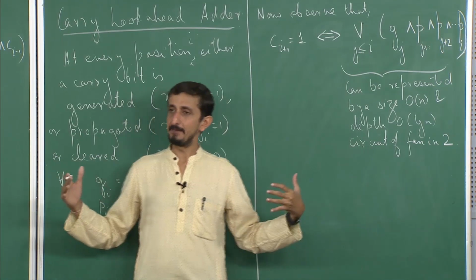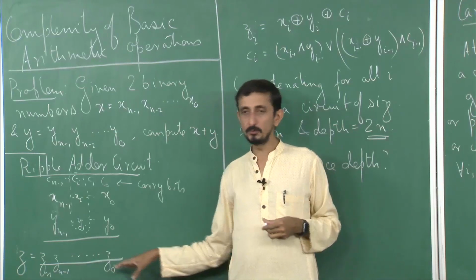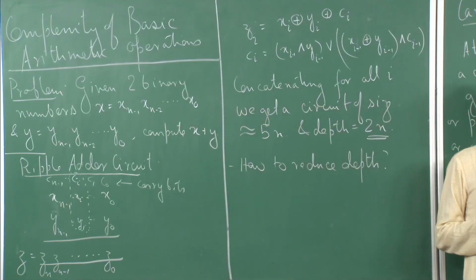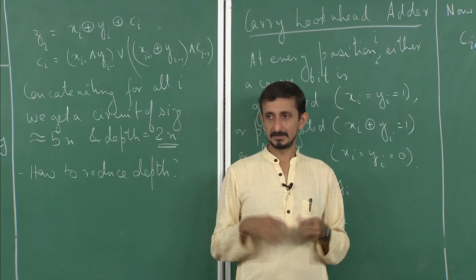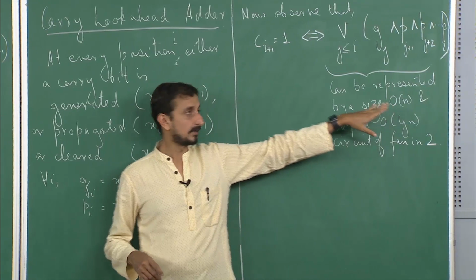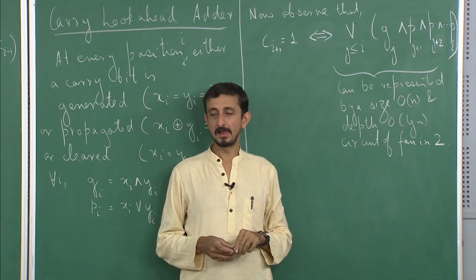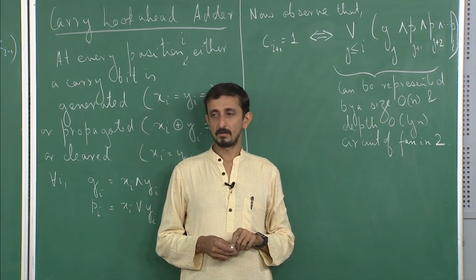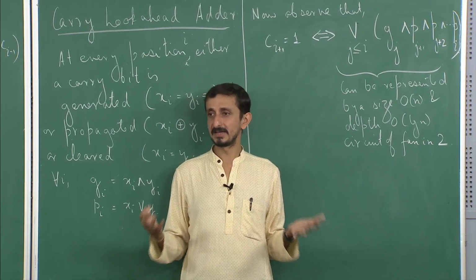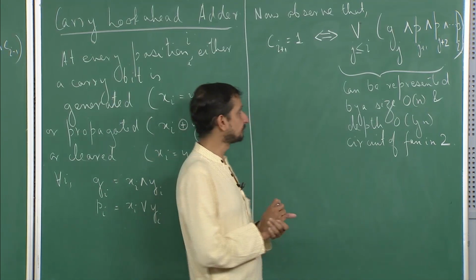Now, I have to implement it to compute my complete addition, that is I have to compute Z. So, what will be the total size? For each Ci I have order n, right. So, the size will be order n square because I have to compute n many carries, right.